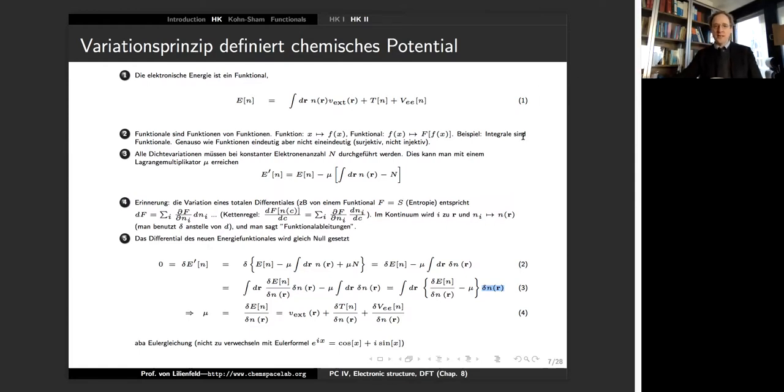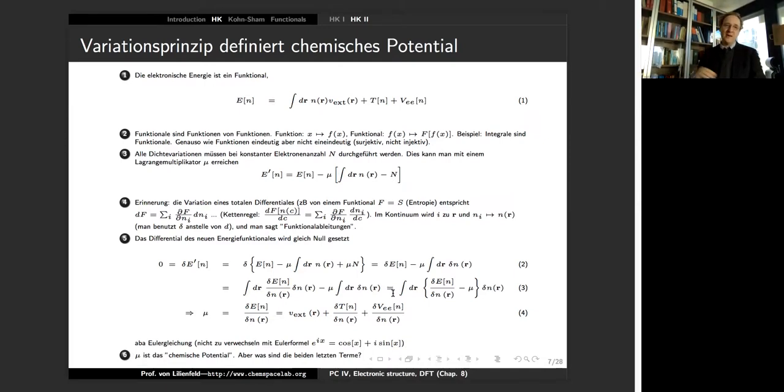And now you insert equation 1, and then you find that this becomes the external potential and the functional derivatives of T and V. So the external potential we know, right? And the question is also then what are these other terms? And if you don't know these other terms, you cannot really evaluate this chemical potential, and this means you cannot really calculate the energy, right?